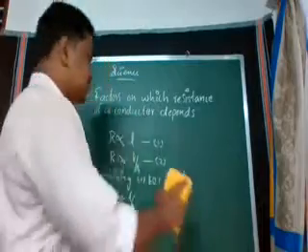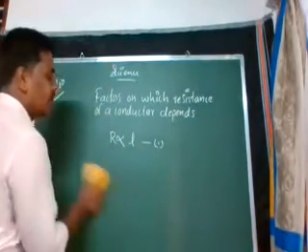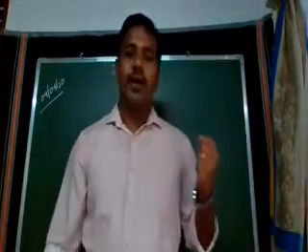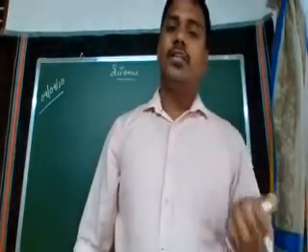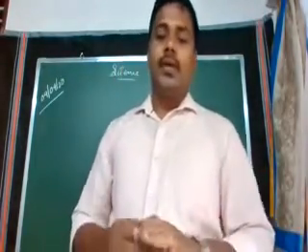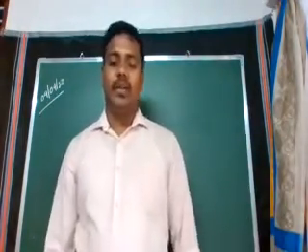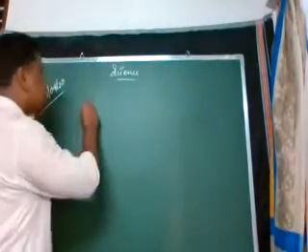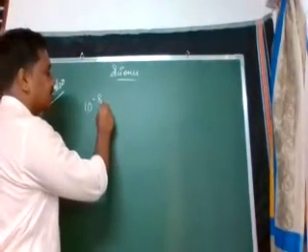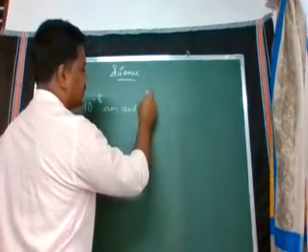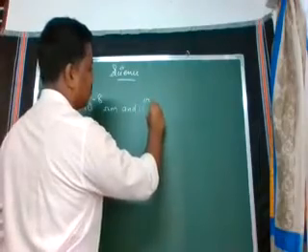The SI unit of resistivity is ohm meter. It is the characteristic property of the material. Metals and alloys offer very low resistivity, that means 10 raised to minus 8 ohm meter to 10 raised to minus 10 ohm meter.